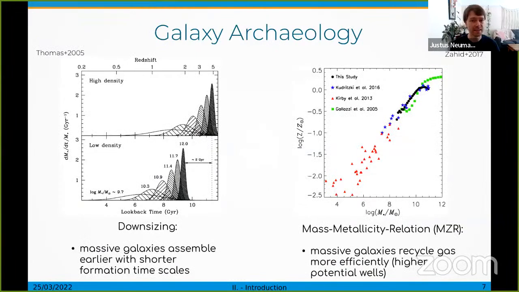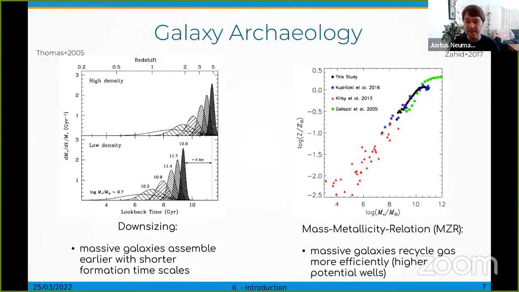By using this technique of galaxy archaeology, two important findings about galaxies are, on the one hand, the so-called galaxy downsizing scenario, where it has been found that massive galaxies assemble earlier and at shorter formation timescales. So usually when you look at the stellar populations in massive galaxies, you find very old populations which enriched very quickly.